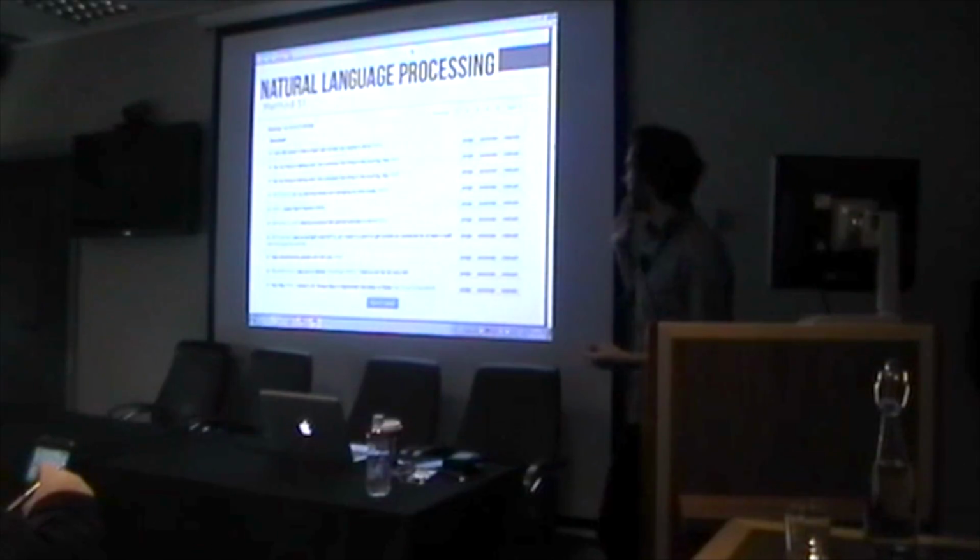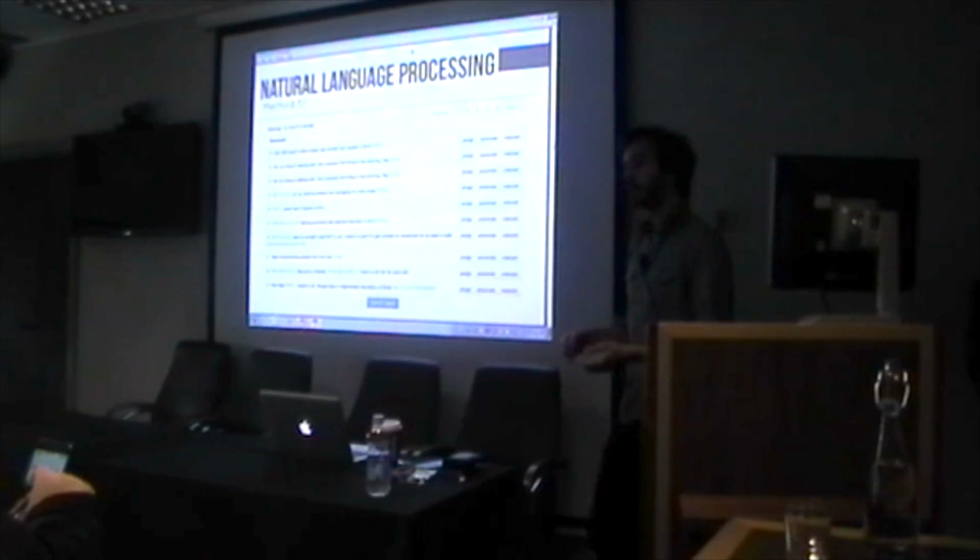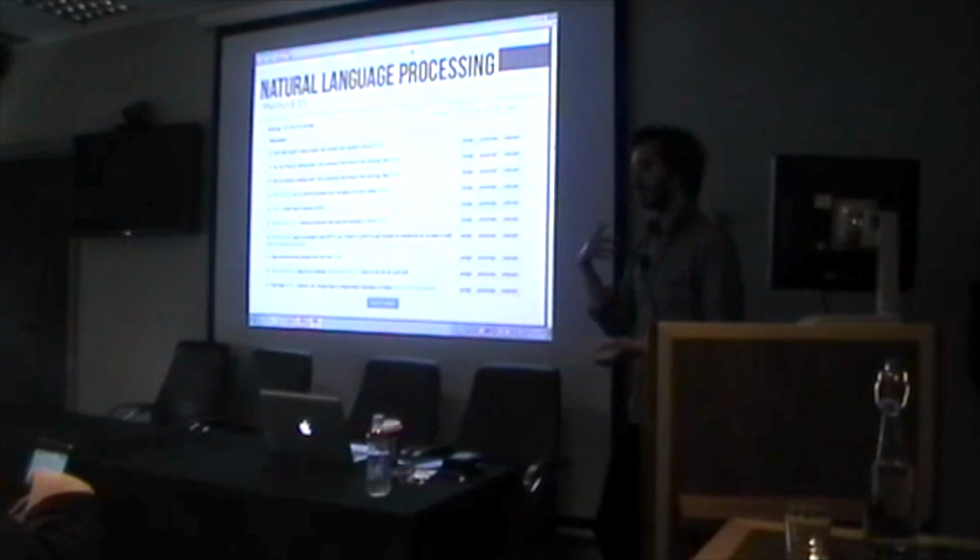So this is a platform called Method 51. This platform allows you to define the categories you want, to train the model, and then collect all the tweets that you want, and then use that model to divide the tweets along the lines that you think are right.